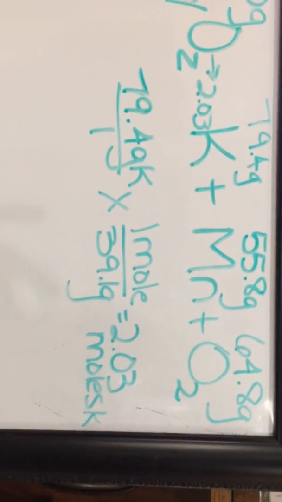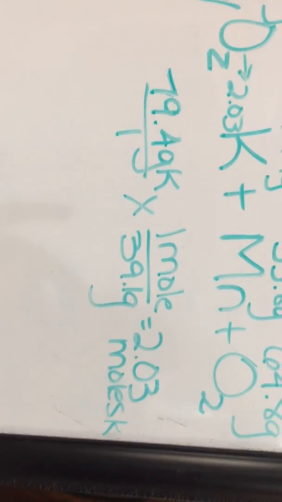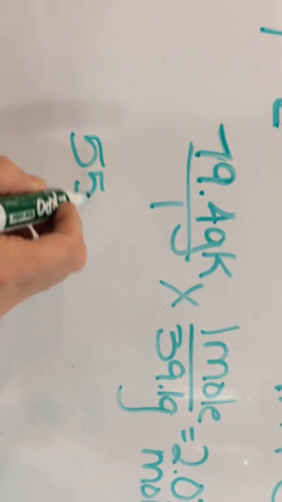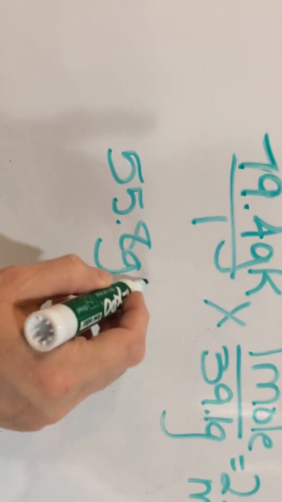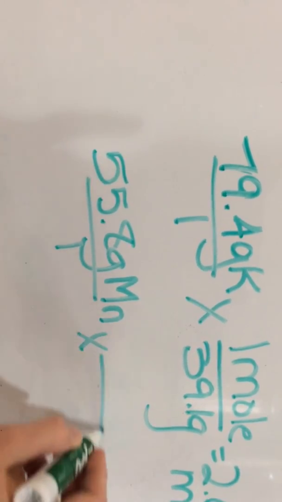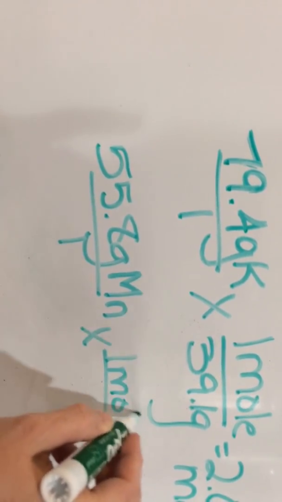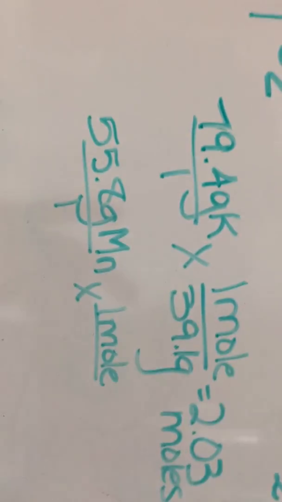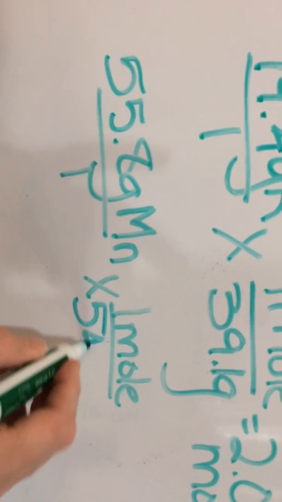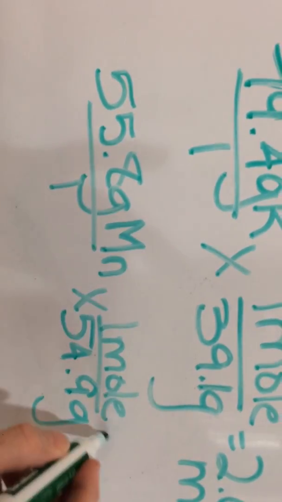Now think about O2, it may be a little bit different. Kind of be thinking in your head already what that's going to be. I have 55.8 grams of Mn. How much is 1 mole of Mn? Look at your periodic table. It is 54.9 grams.